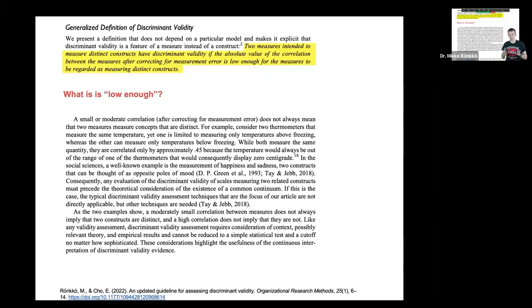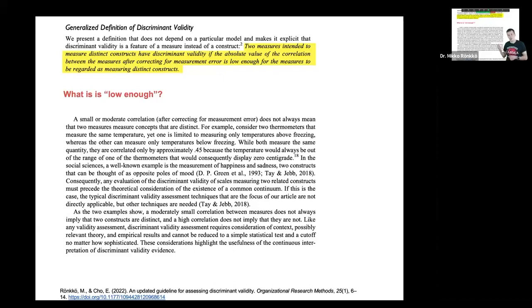I use centigrades. If it's below freezing, then this thermometer will show you the temperature. If it's above freezing, it shows you a 0. And you have the second thermometer, which shows only positive temperatures. So when it's above freezing, it shows the temperature. If it's below freezing, it shows a 0. These two thermometers measure two ends of the same construct, temperature, and they are correlated at 0.45.